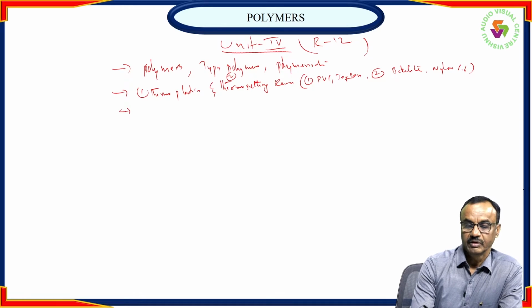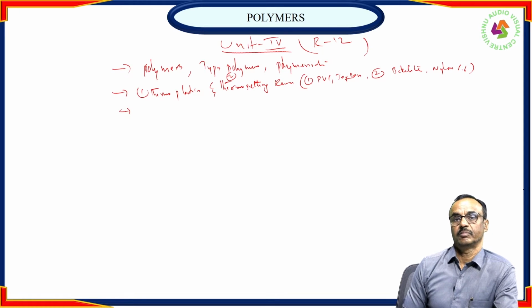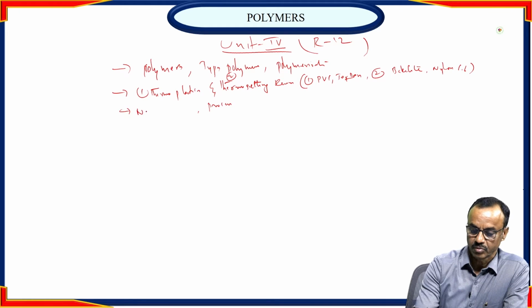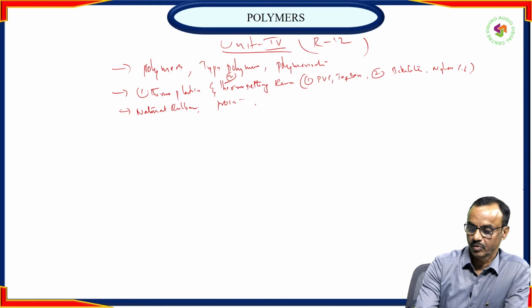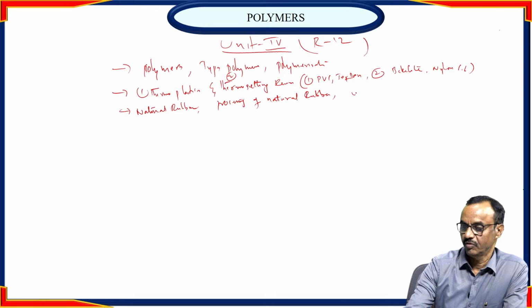The third important topic in the chapter polymers is natural rubber, processing of natural rubber and vulcanization.